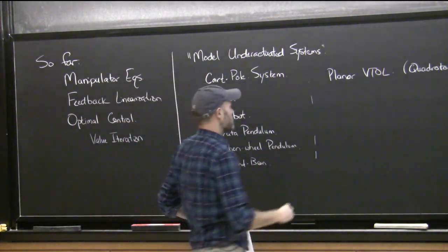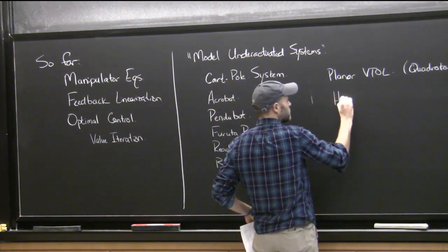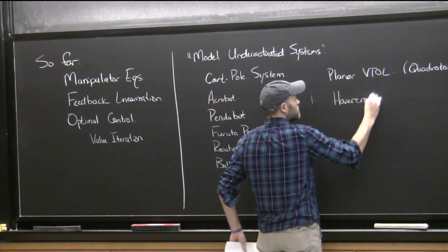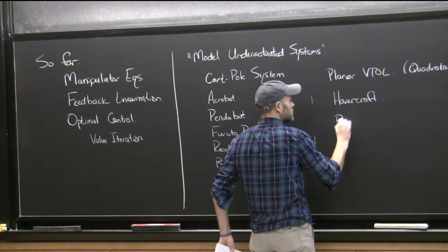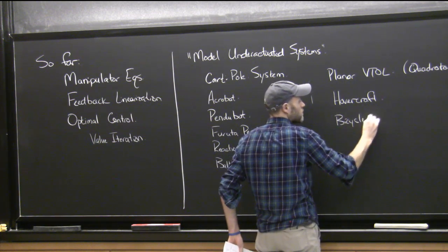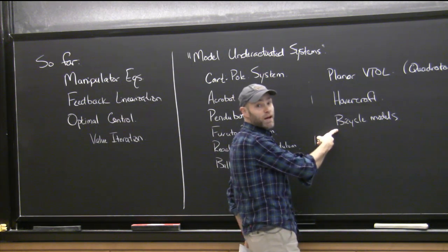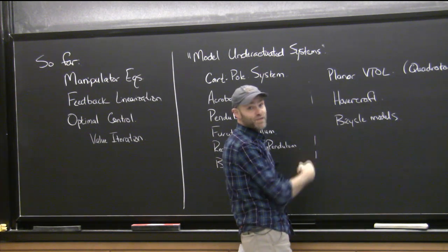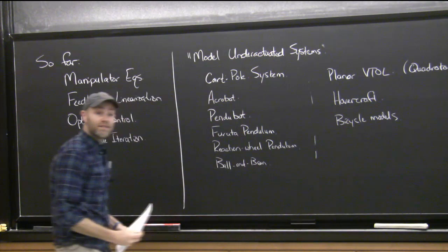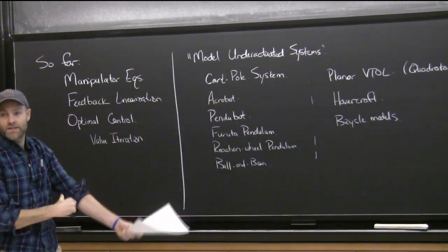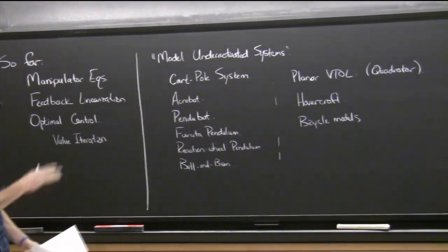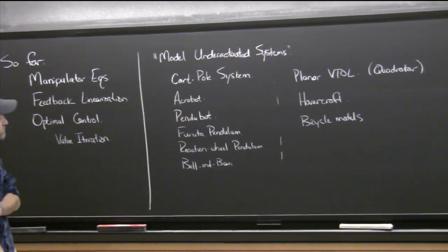There are hovercraft models, bicycle models, which, by the way, are some of the most common models used in autonomous driving, right? You don't actually have to get too complicated to capture a lot of the interesting dynamics of not hitting somebody on the road.